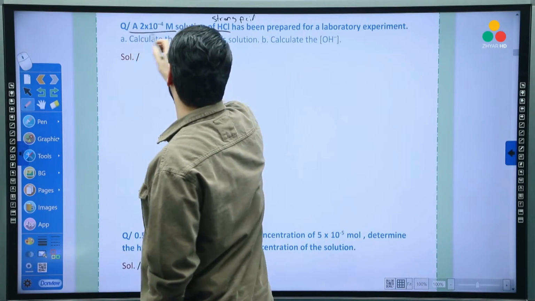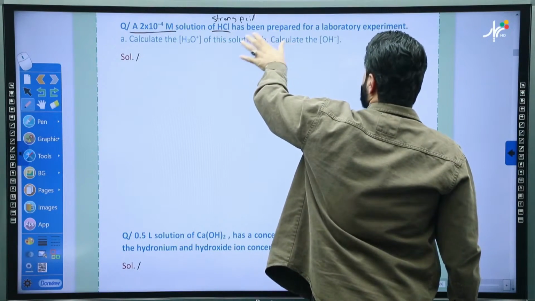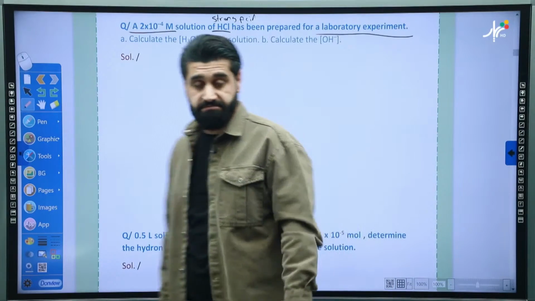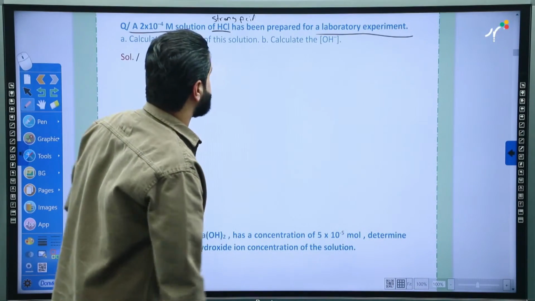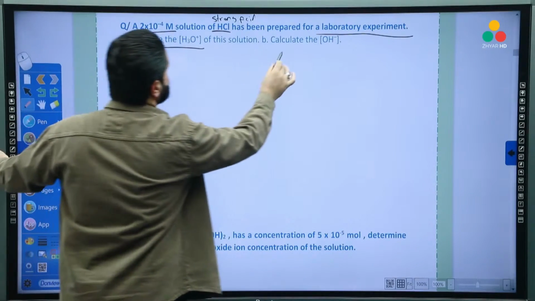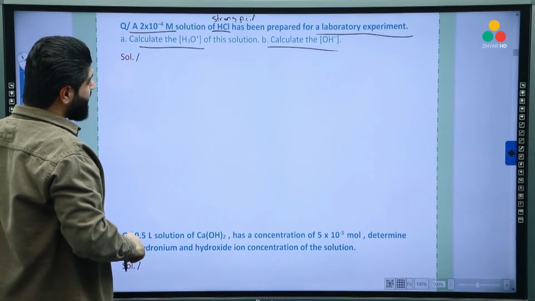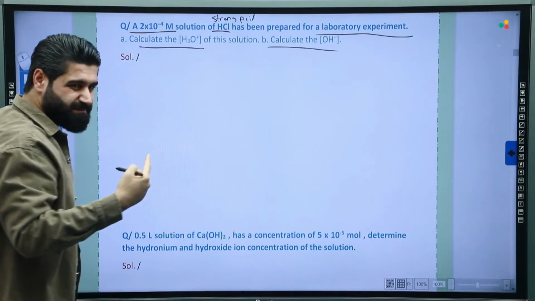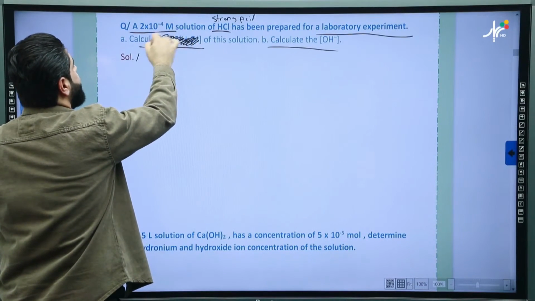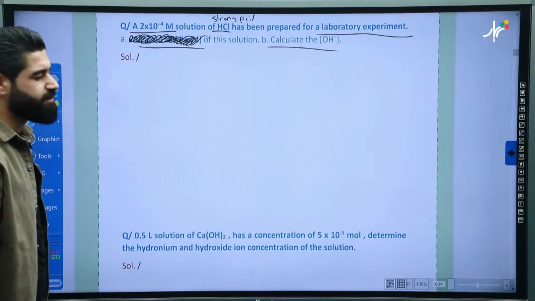This is a molar concentration of a solution of HCl that has been prepared for a laboratory experiment. Doesn't matter for any lab experiments. Well, calculate H3O and OH. I'm going to make the question more tricky, so forget about H3O and only get OH.